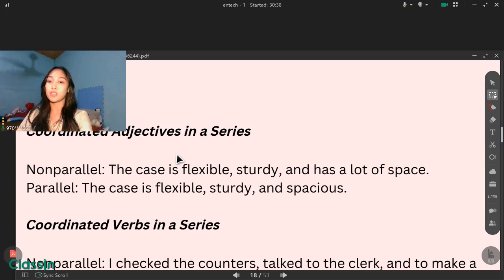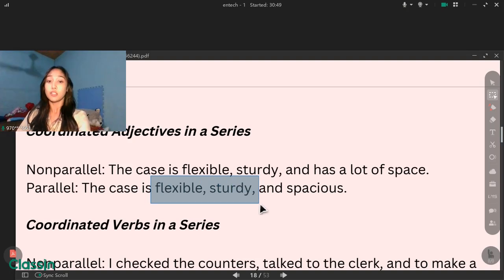Flexible and sturdy are both adjectives, so we need to use adjectives all along. Our parallel sentence would now be: The case is flexible, sturdy, and spacious. So now we have made a parallel sentence using coordinated adjectives in a series.